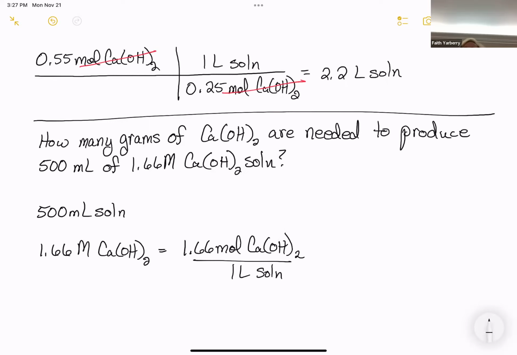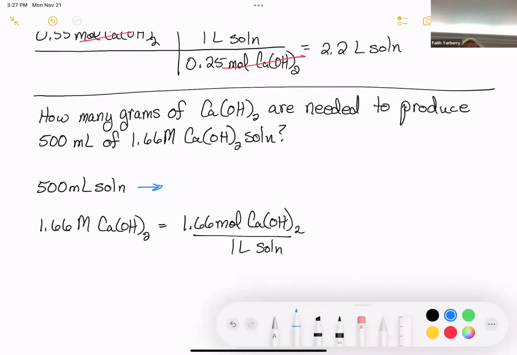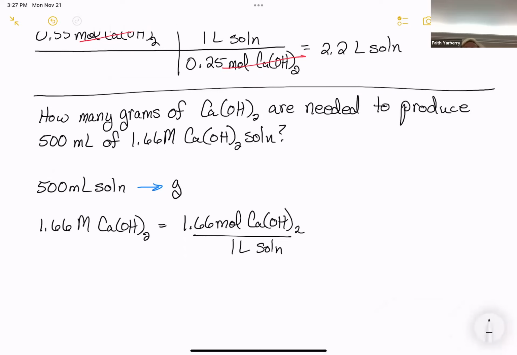By rewriting the molarity, you will see that the molarity consists of 2 units. That's not the preferable place to start. Instead, I'm going to start with the item that has only a single unit attached to it, which is the milliliters of solution. So it is the milliliters of solution that I will be converting into grams of calcium hydroxide.